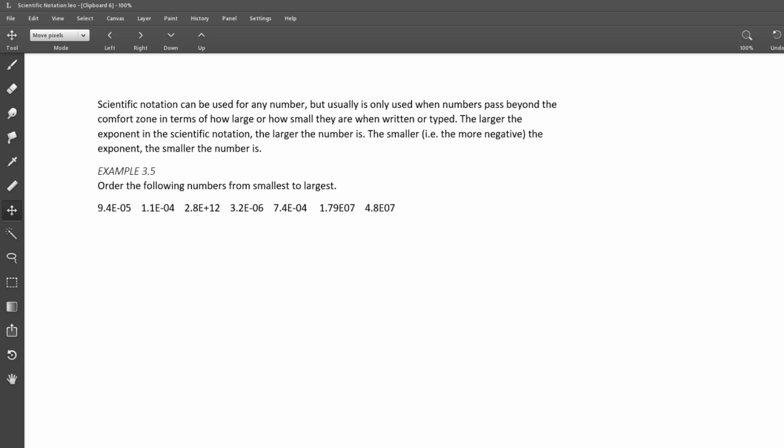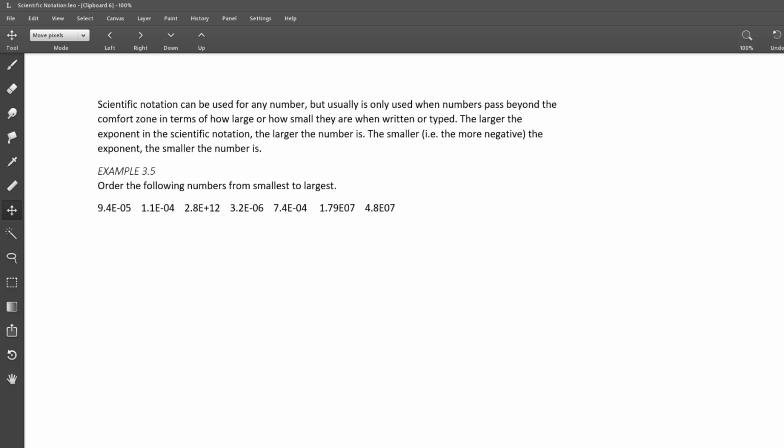The smaller, meaning the more negative the exponent, the smaller the number is. So when you're looking at a spreadsheet that's full of numbers in scientific notation, you can very quickly assess which are larger and which are smaller relative to each other by looking at which has the higher exponent. Higher positive exponents are bigger numbers.